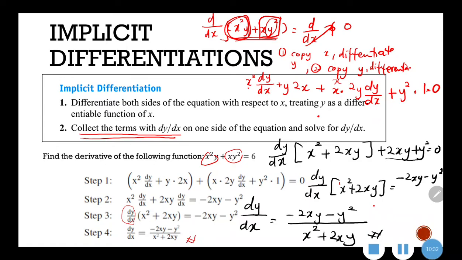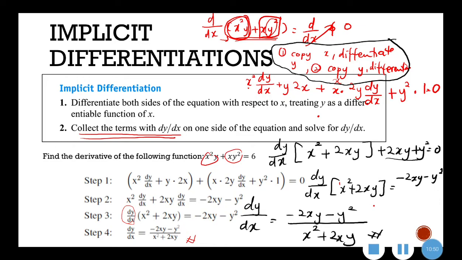Easy peasy, right guys? Once you understand this part here, and then do the collection of the terms with dy/dx, then it is over.